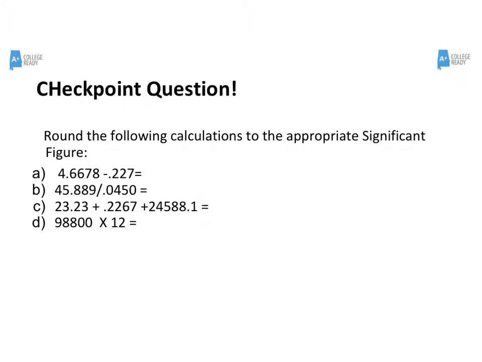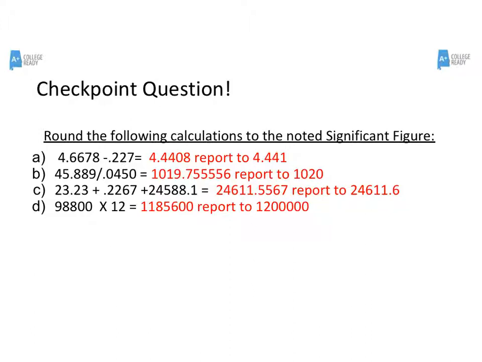So here's some practice. Make sure you follow the rules for addition and subtraction, and then also follow the rule for multiplication and division in terms of significant figures. So in my calculator, when I subtract 0.227 from 4.6678, I get a calculator answer of 4.4408.